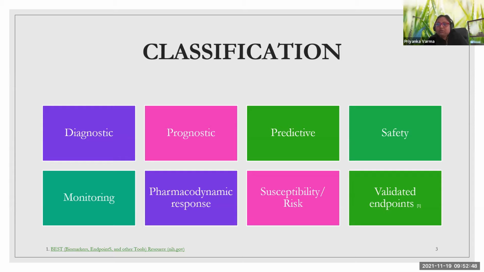Predictive biomarkers are used to identify individuals who are more likely than similar individuals without the biomarker to experience a favorable or unfavorable effect from the exposure to that medical product or environmental agent. For example, BRCA1 and 2 mutations may be used as predictive biomarkers when evaluating patients with platinum-sensitive ovarian cancer to identify if they are likely to respond to treatment with poly-ADP ribose polymerase inhibitors.